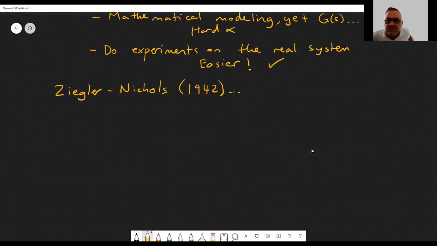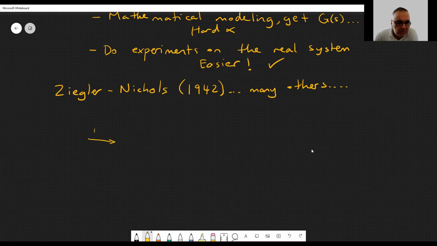After this, there are many others who have done similar experiments and refined those results of Ziegler and Nichols. But as a baseline, the Ziegler and Nichols method is quite useful.